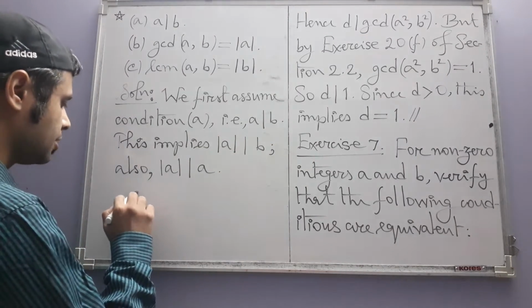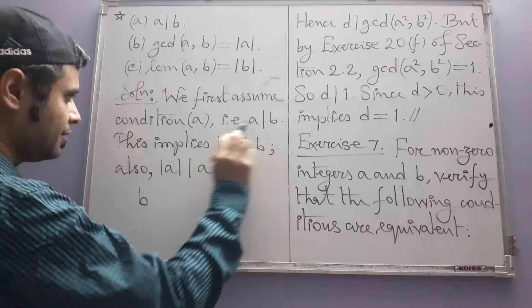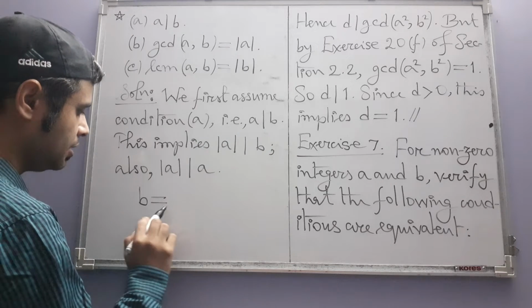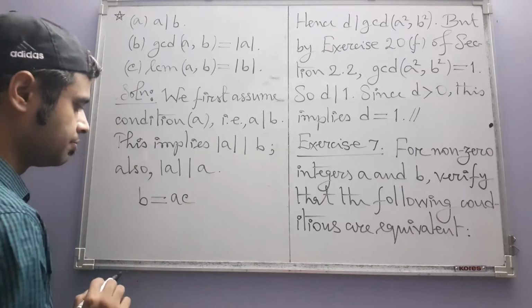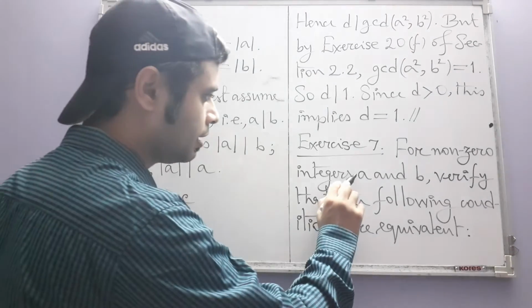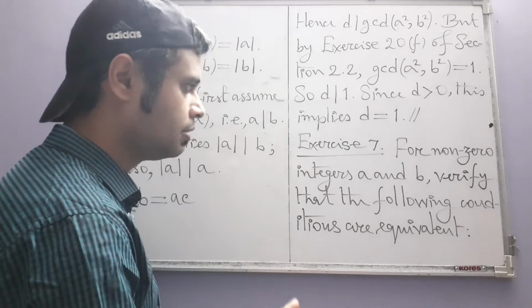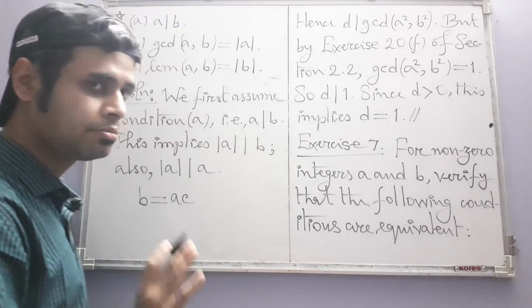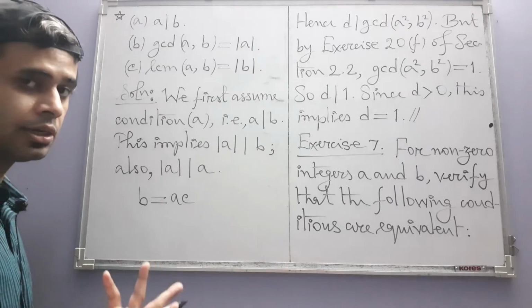It's not very difficult to see why. A divides B means what? B is equal to AC for some integer C. Now it is given that A and B are non-zero integers, but not necessarily positive. Any one of them can be negative also.